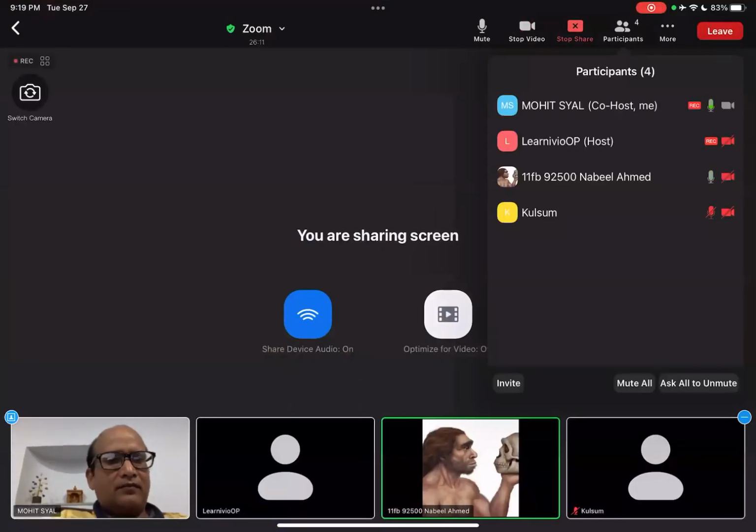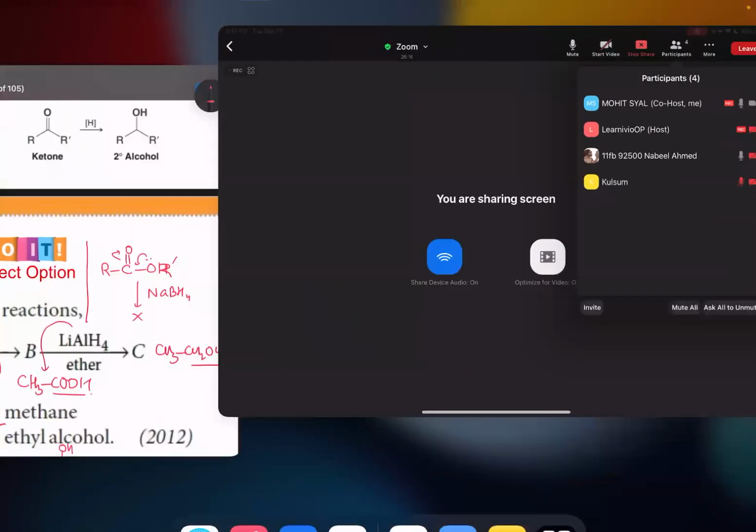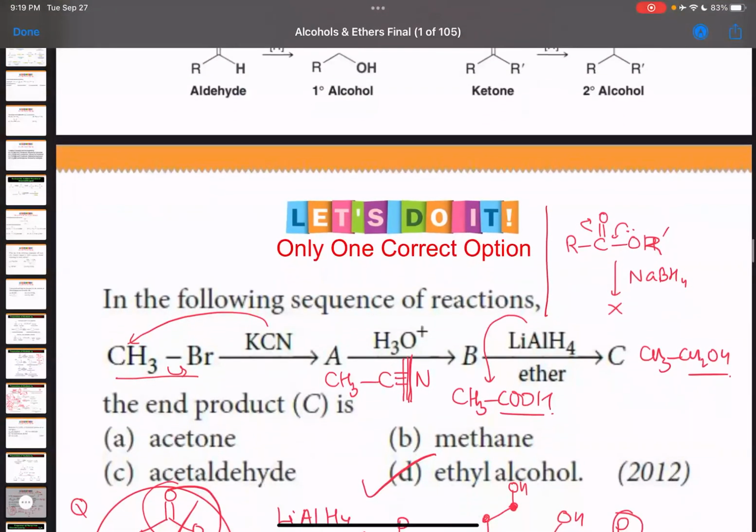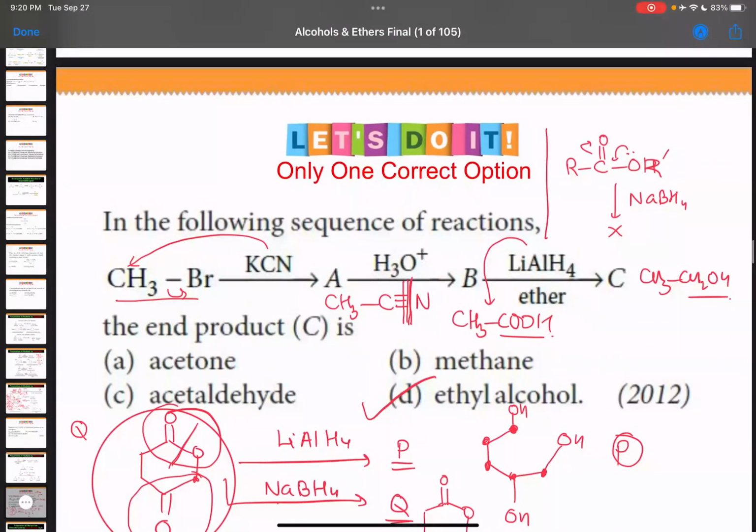Kulsum, sorry, I've not seen. You can ask your doubts also. So esters actually don't react with NaBH4. Also we were talking about the reductions, and LiAlH4 is a strong reducing agent, so it is going to reduce this, and it will break into two parts, RCH2OH and R-OH.